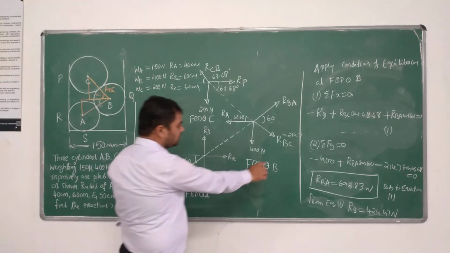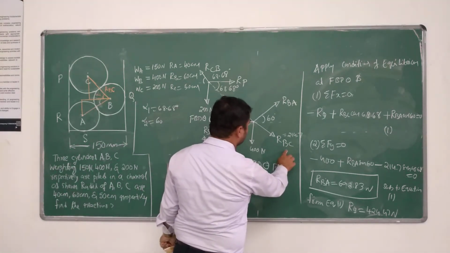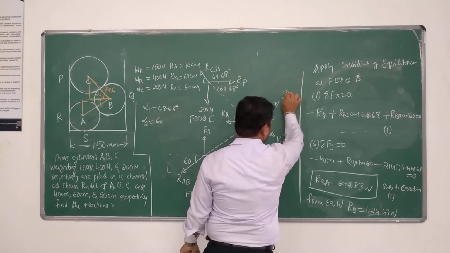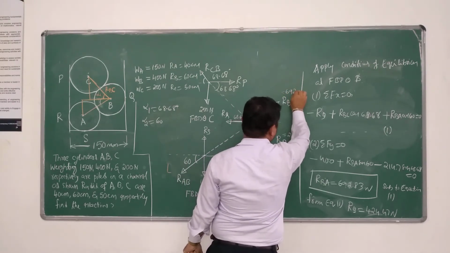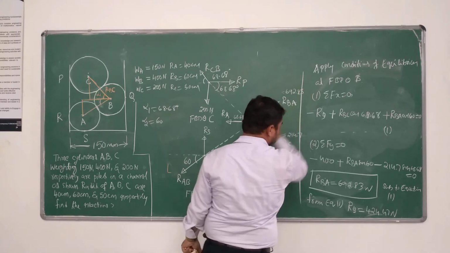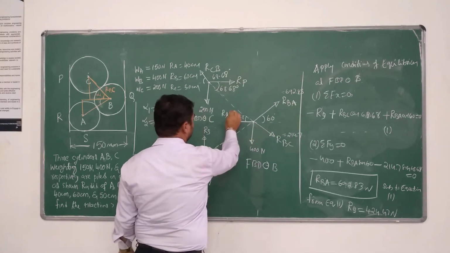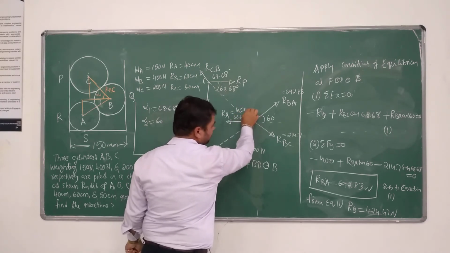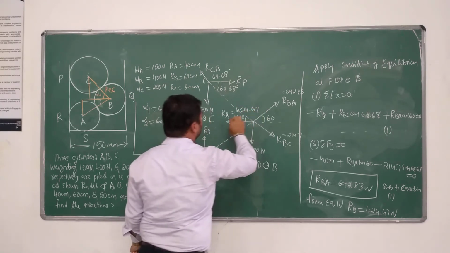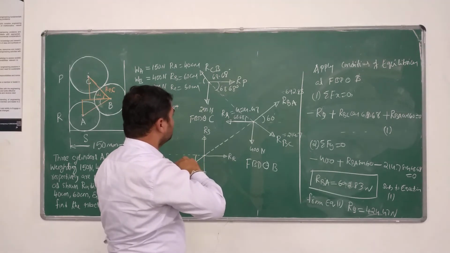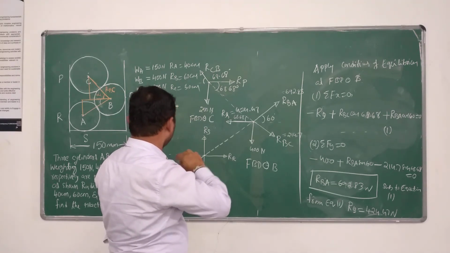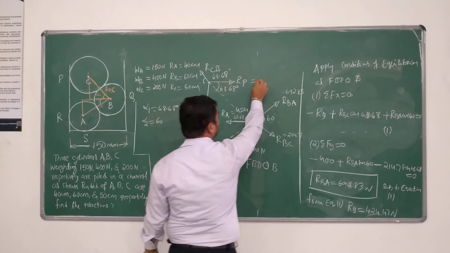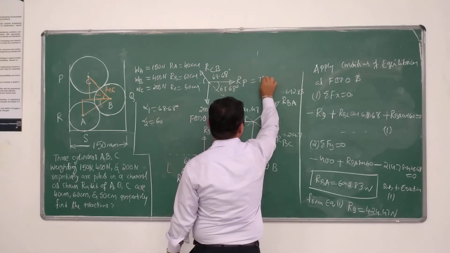RBC we have calculated here, 214.7. RBA is 692.83. RQ here is equal to 424.47 Newton. RP we have calculated in the previous step, RP is 78.06 Newton.